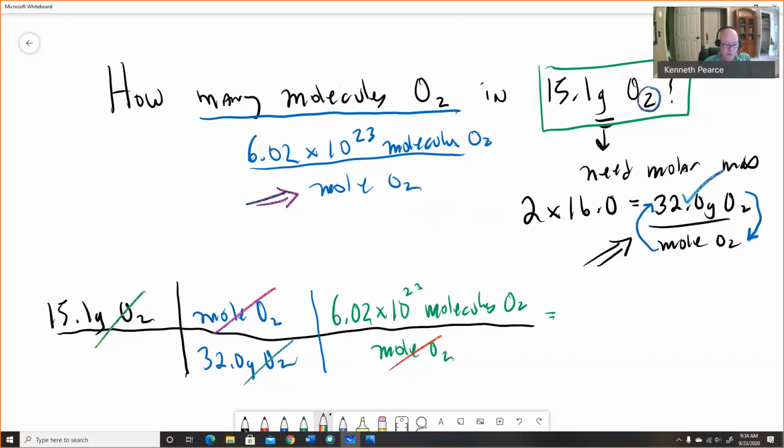And so I say 15.1 times 6.02 times 10 to the 23rd, and then that's divided by the 32. And you should be putting this in your calculator so that you can make sure that you know how to use your calculator. And I get 2.84.